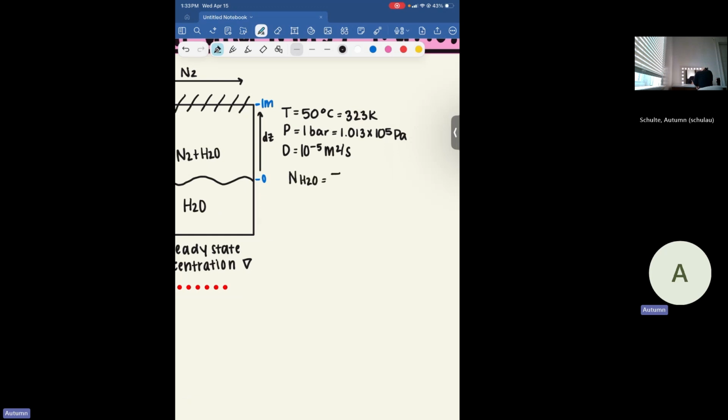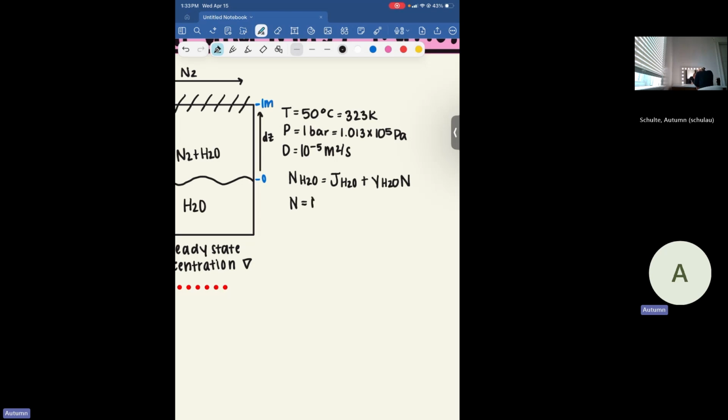We said this was the molar diffusive flux of our water plus the mole fraction of our water. Once again, we're talking about the vapor phase, which is why I'm using y instead of x. And then this was multiplied by the overall molar flux. We said that the overall molar flux was the sum of the individual fluxes.